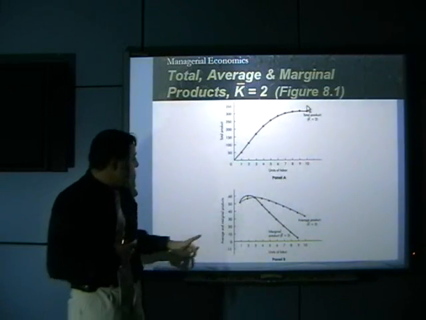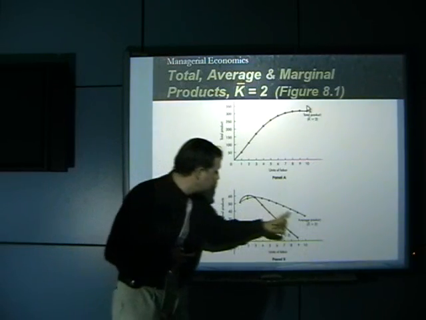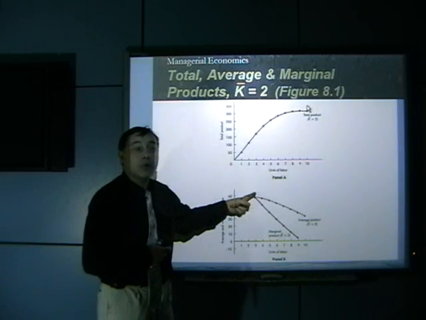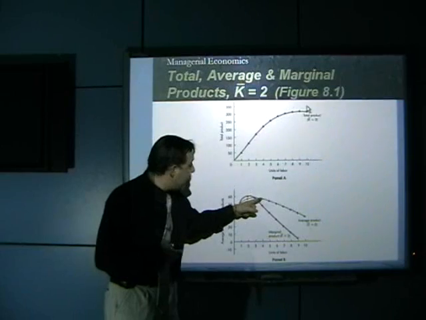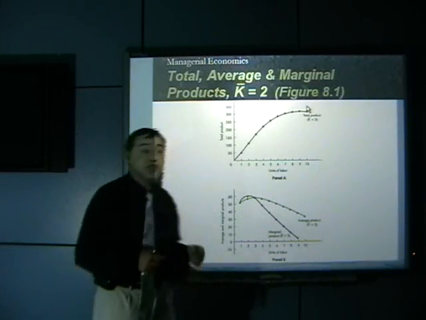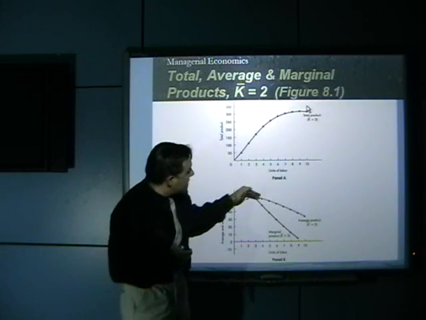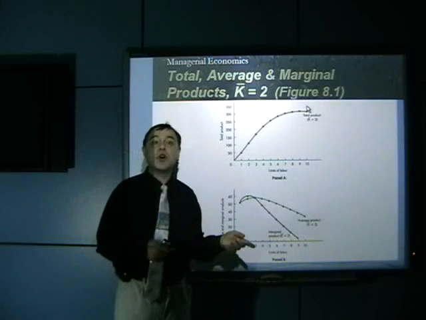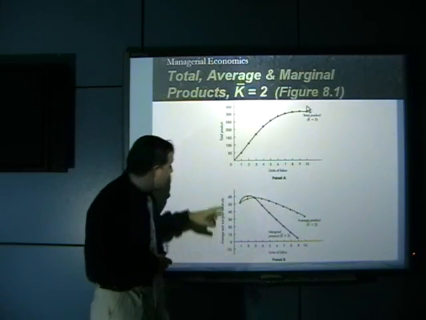Now, you see what happens over here? The average, this is marginal, this is average. See, 1, 2, 3. So all the way to 3, the average is rising. And then after 3, the average is falling. So what you see here is that the average is first rising and then falling. Now observe what I was explaining a few minutes ago.